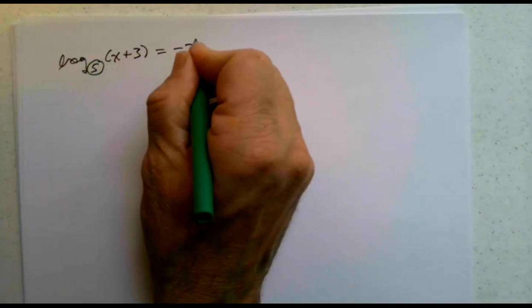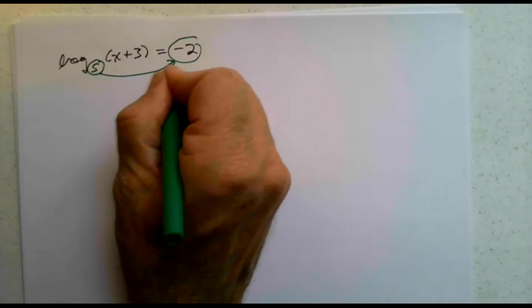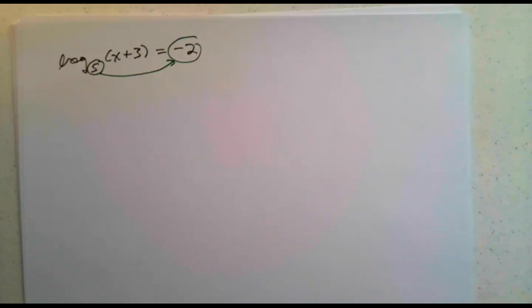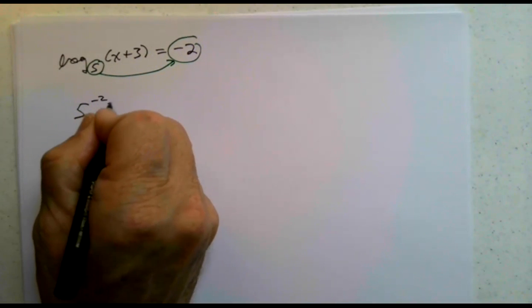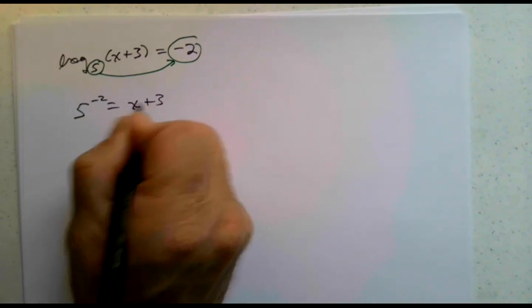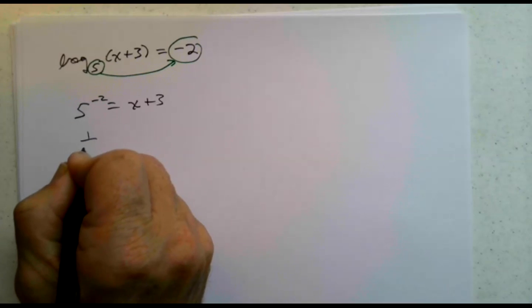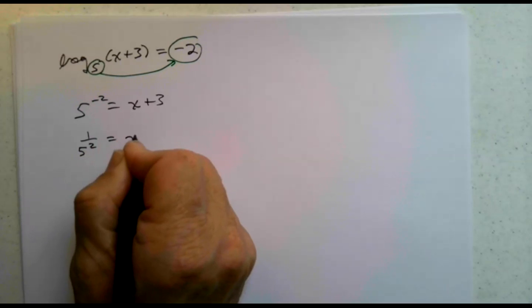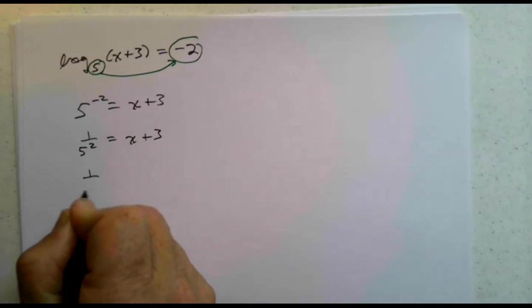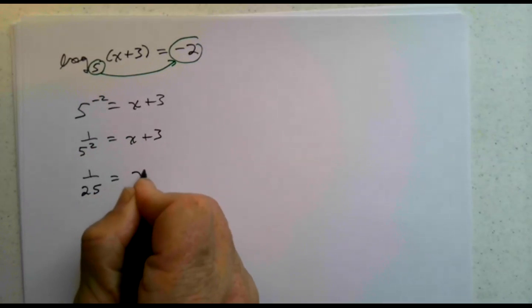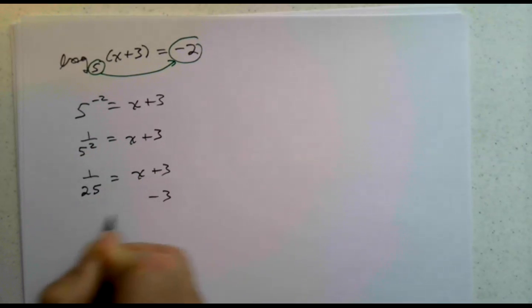The base is 5, the exponent is -2. 5 to the -2 equals x plus 3. 5 to the -2 is 1/25, or 1/5 squared, we'll say that first. 1/5 squared is 1/25. Then subtract 3 from both sides.